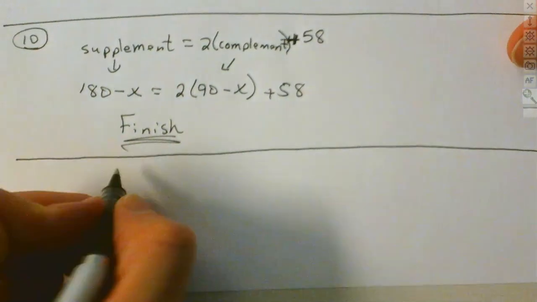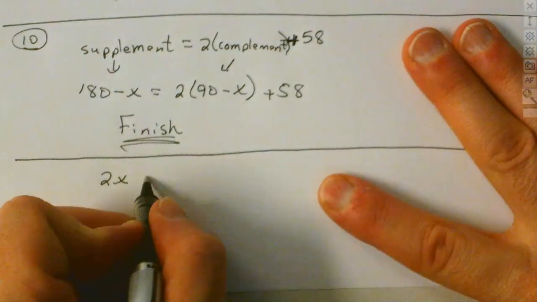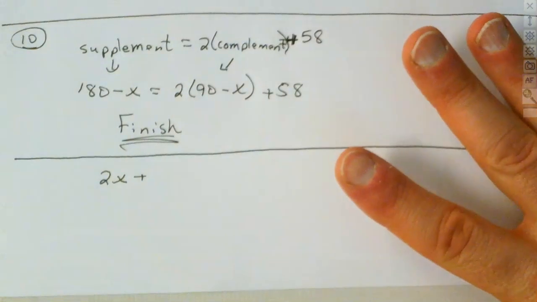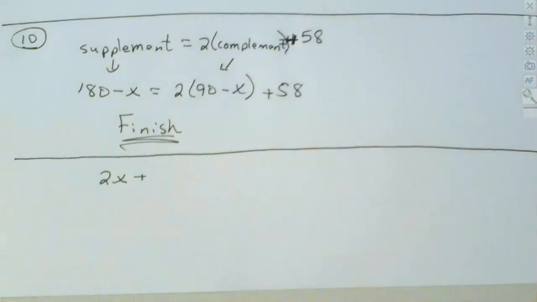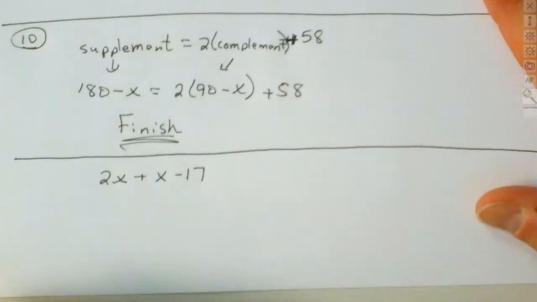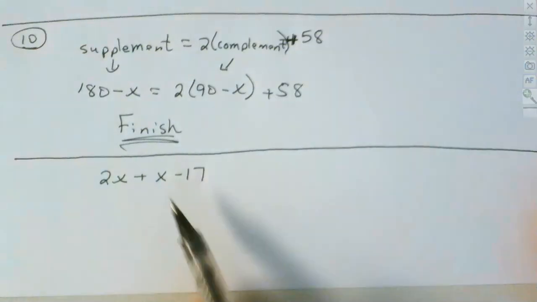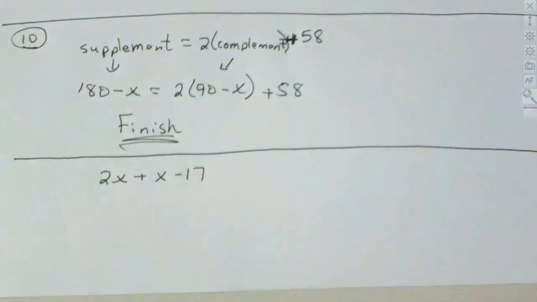Okay, so twice a number would be 2x. And that's going to separate the 2 pieces. So we're going to add to that. What are we going to add to that? 17 less than a number. So 17 less than the number, that's going to be x minus what? 17, right? That's x minus 17.